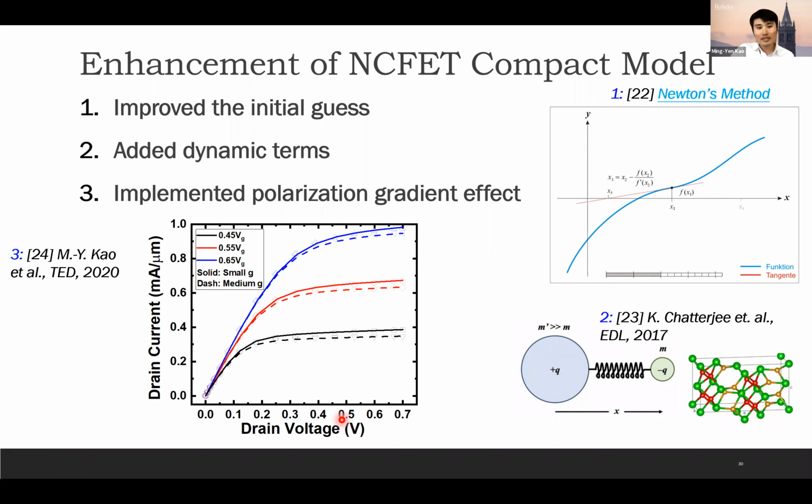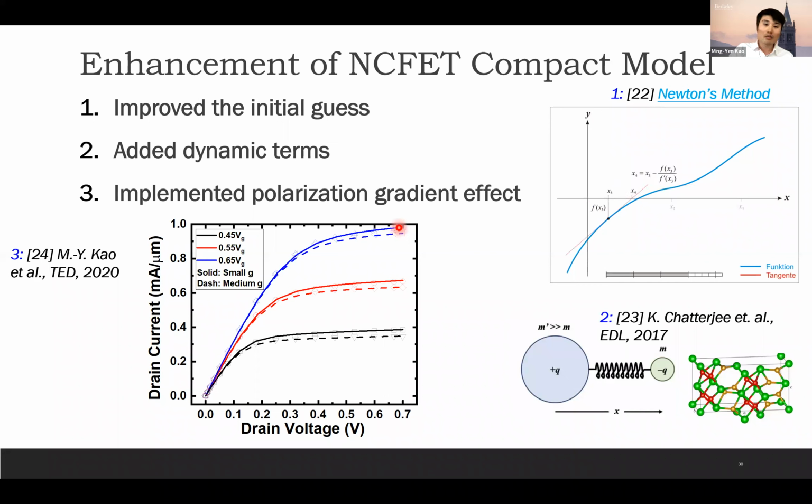If we look at this plot, we have different colors. They are at different biases. The solid line with the symbols is from TCAD with a smaller polarization gradient effect, and the dashed line with the symbols, also from TCAD, has a little bit larger polarization gradient effect.